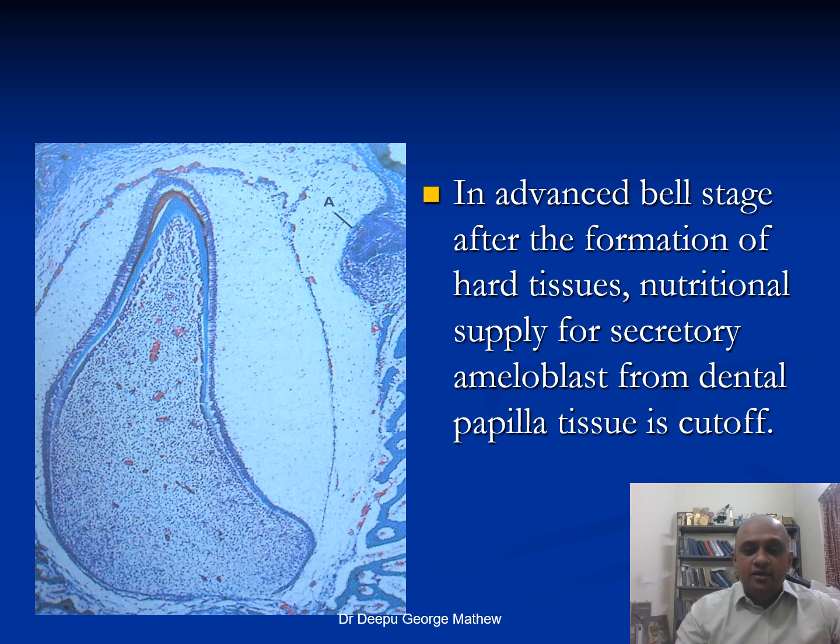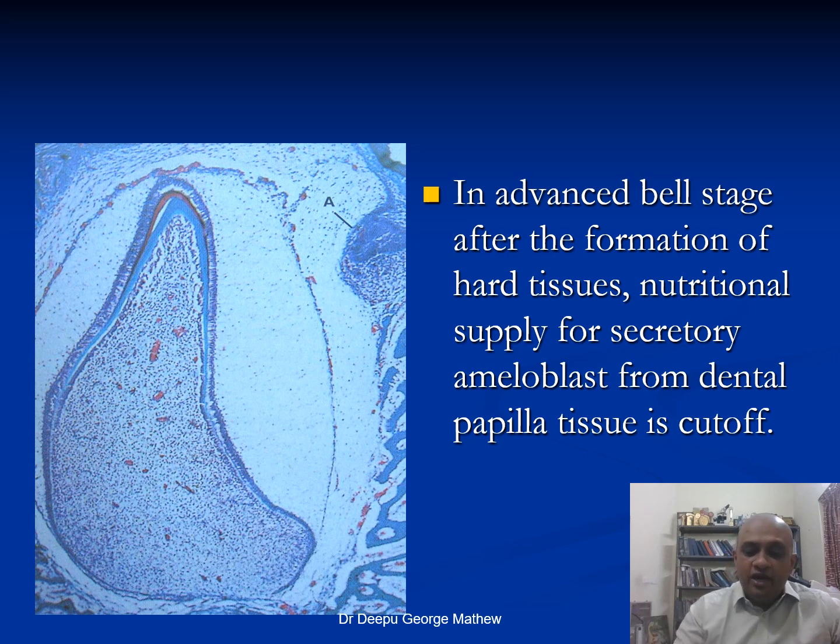You know that the enamel organ is an ectodermally derived structure and does not have any blood vessels in it. So it has to derive nutrition from the underlying dental papilla, which is a mesenchymal structure with blood vessels, and the nutrition reaches these cells by means of diffusion.